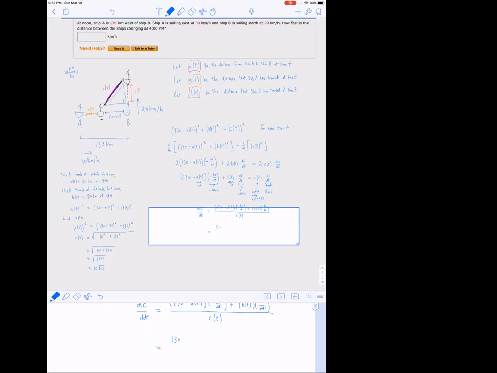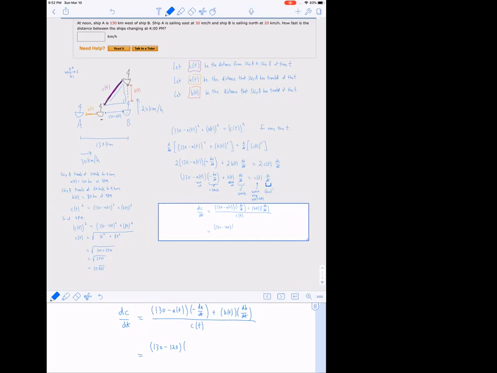So we have 130 minus 120, that's our A of t, times negative the derivative of A, that would be negative 30, plus B of t, we said was 80, times dB/dt. The derivative of B was 20, since B's rate of change is 20. And finally, we divide by the C of t that we calculated, 10 times the square root of 65.